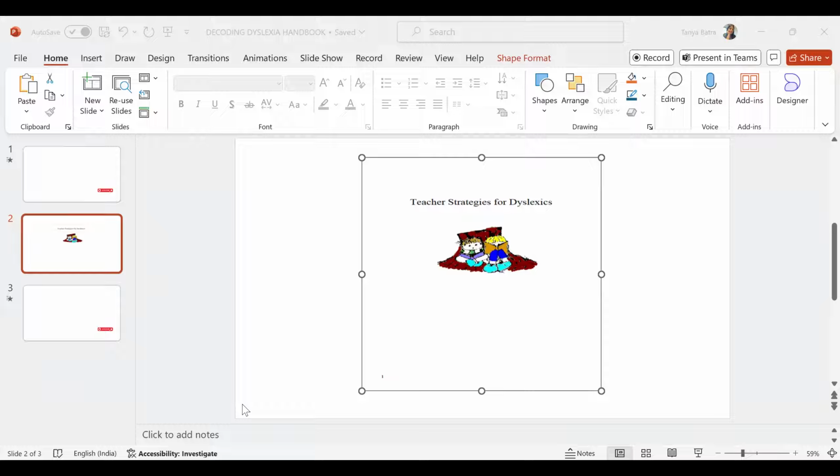The document that I've just opened? Just a minute.